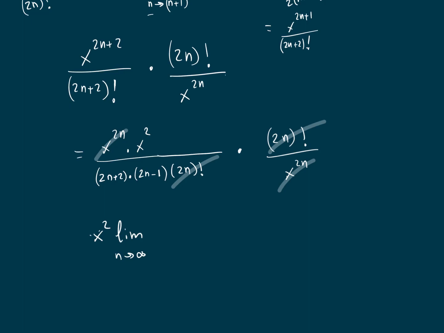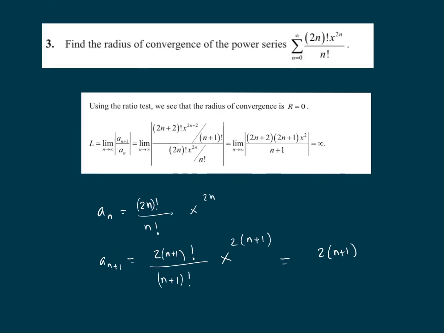Now problem 3 says find the radius of convergence of this power series: 2n factorial x raised to the power 2n divided by n factorial. To find the radius of convergence when n factorials appear, we use the ratio test. The ratio test says find the limit when n goes to infinity of a sub n plus 1 divided by a sub n.